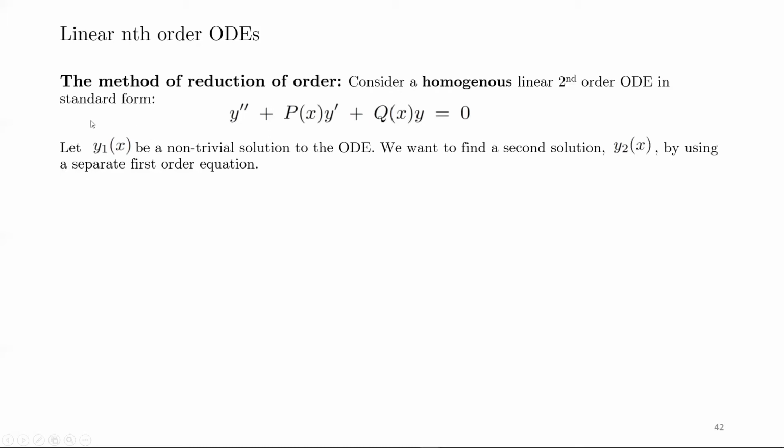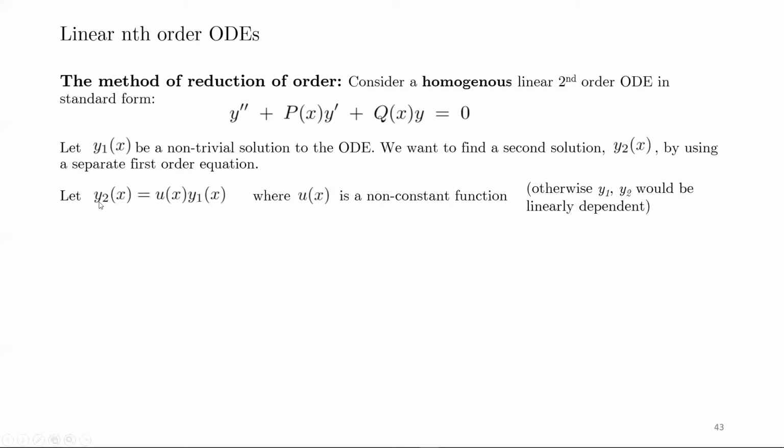Somebody gives me y1, one solution to this ODE, and I say, okay, if you give me one, I'll give you the second one. That is what this method does. We're going to go through the derivation of this method, and at the end will be a summary of how you apply this method of reduction of order.